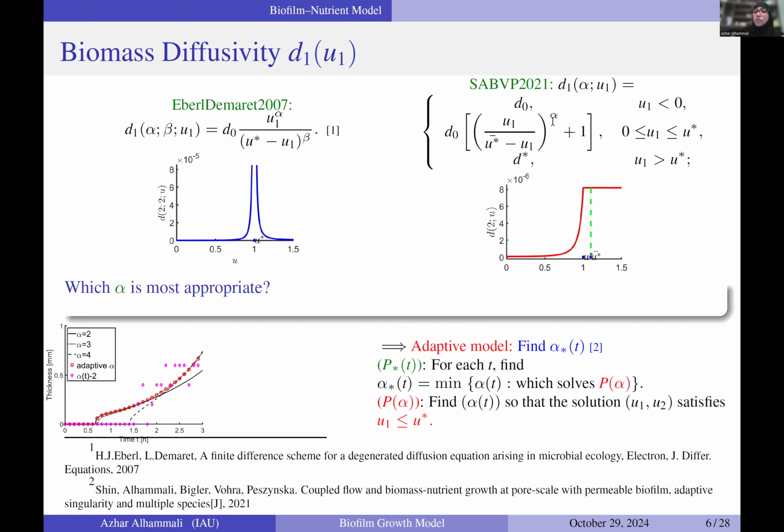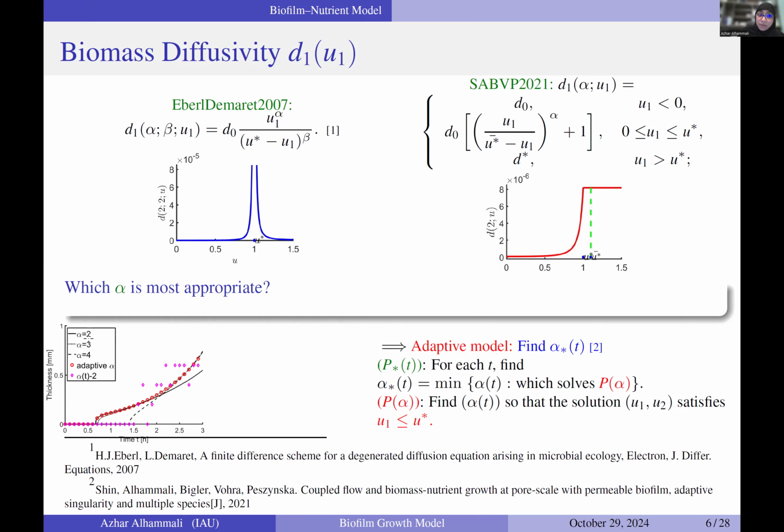And it's important to select alpha very accurately because, as we see here, we conducted some experiments showing the effect of the values of alpha on the growth and the spreading. Here, this shows the thickness of the biofilm over time with different values of alpha.